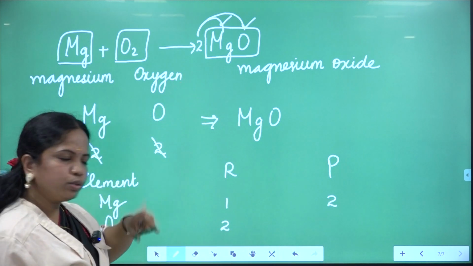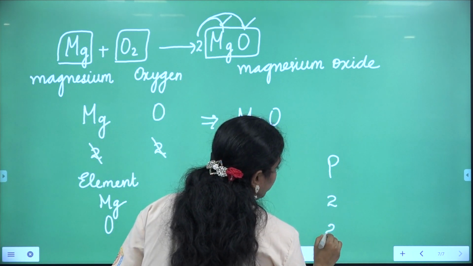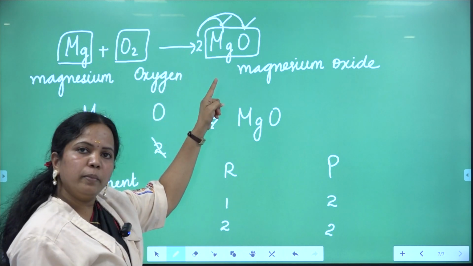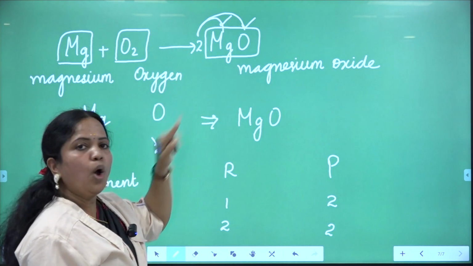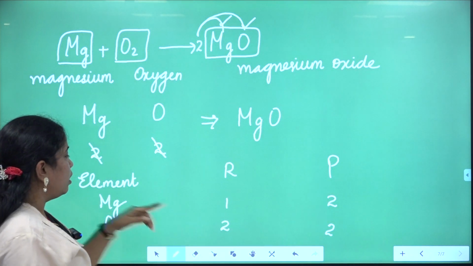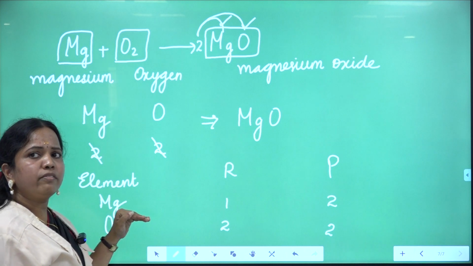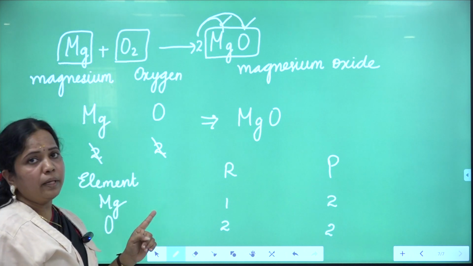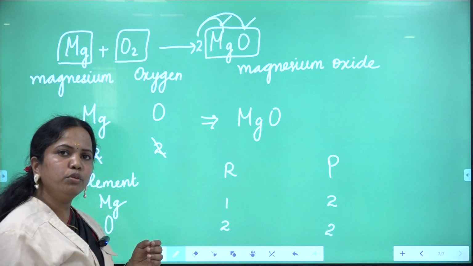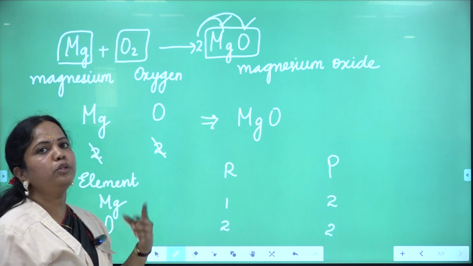Oxygen also 2, because we have multiplied by 2. Now in the reactant side, how many magnesium do we have? Only 1, whereas in the product side we have 2 magnesium. So, what do we need to do? We have to multiply magnesium by 2.